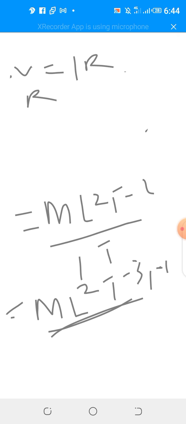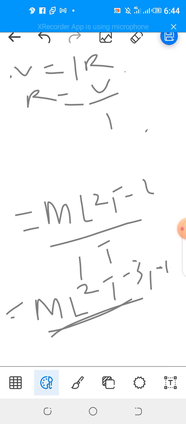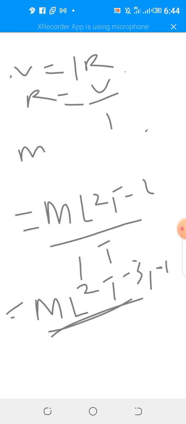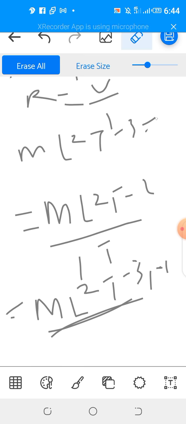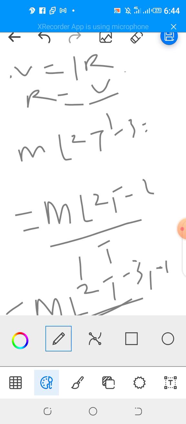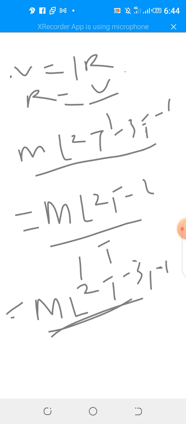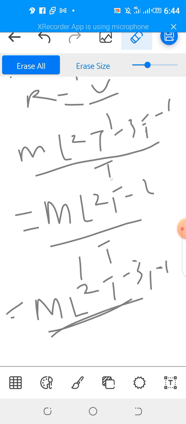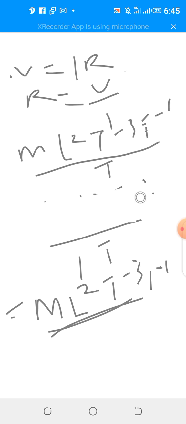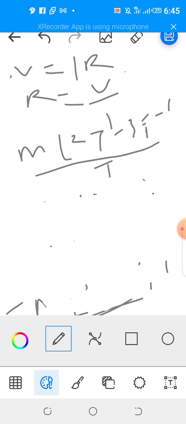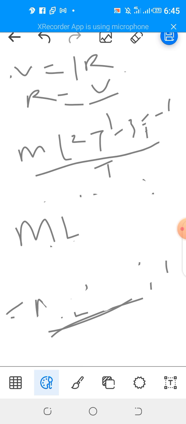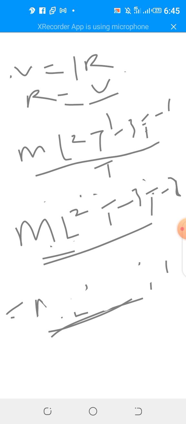So R equals to V over I. So all this one, mL2 T minus 3 I minus 1 over I. So we have m L2, okay, T minus 3 I minus 1 I minus 2.